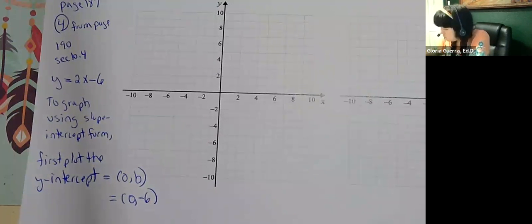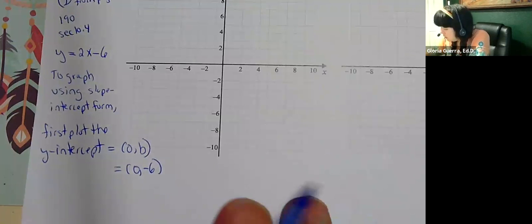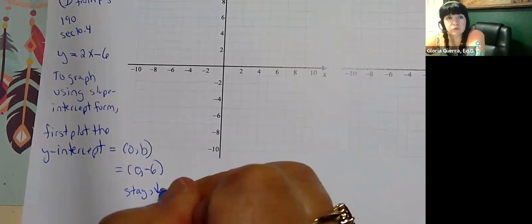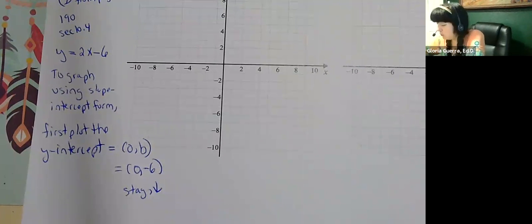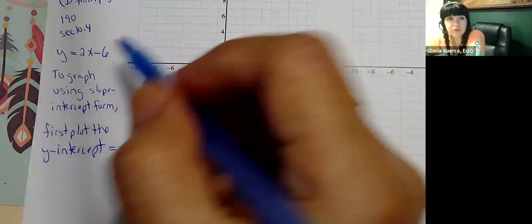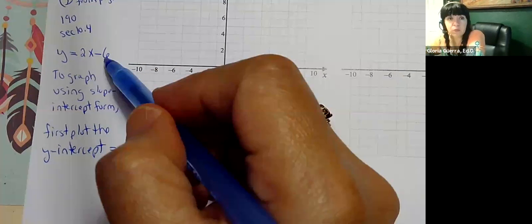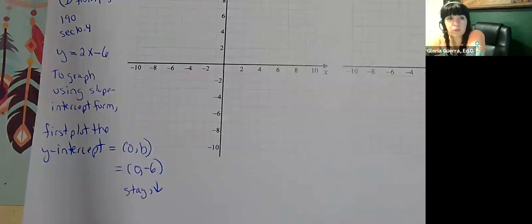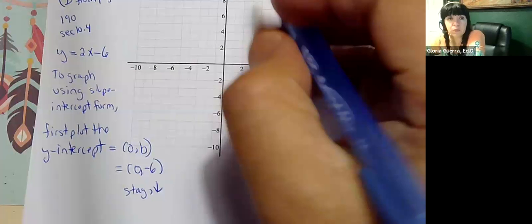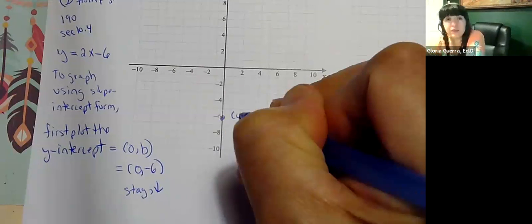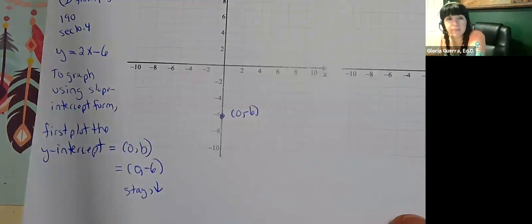And that tells you to stay and then go down, correct? So you need to identify the y-intercept, which is that constant -6. So it's 0, -6. At 0, you stay, and you go all the way down, like right here, 0, -6.